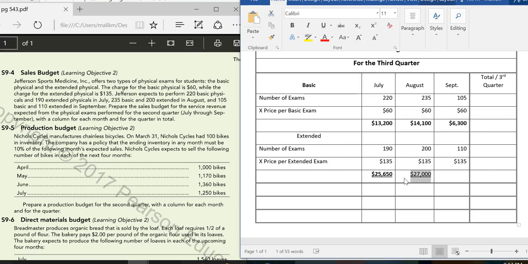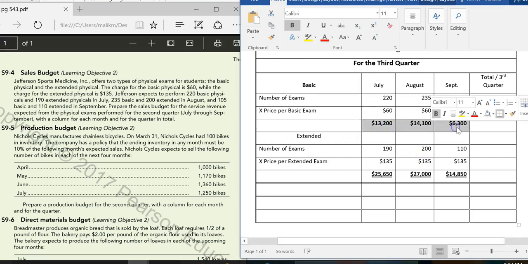So you can check it with me. Please use your calculator. Let's do the September one. It's 110 times 135, and I got 14,850. And this is how you will figure out their projected sales revenue for both types of exams.